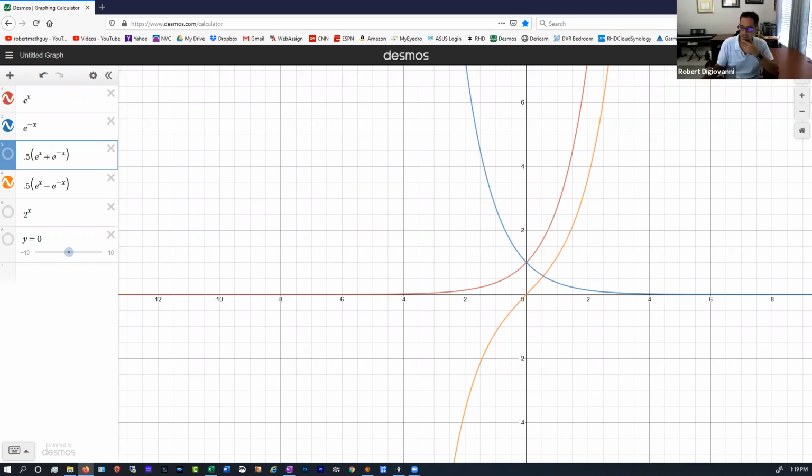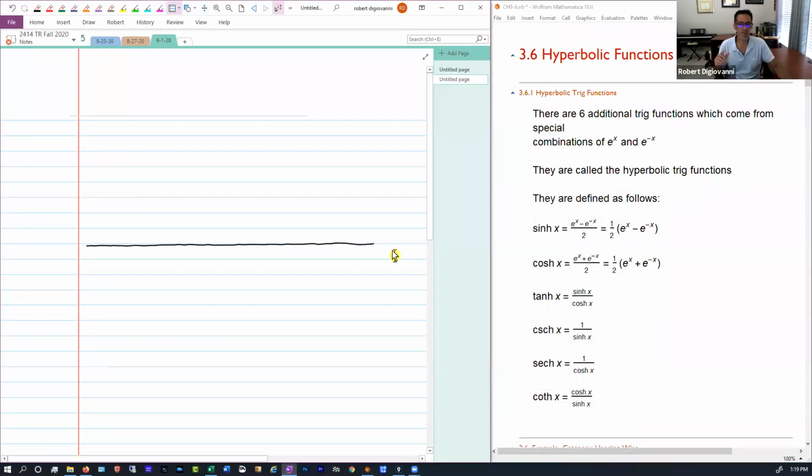All right, so here's an example of when a cosine hyperbolic function appears. I'm just going to give you one example, not going to go through all of these, but I want you to see the value of these functions. Let's say I take two poles and I hang a wire between them.